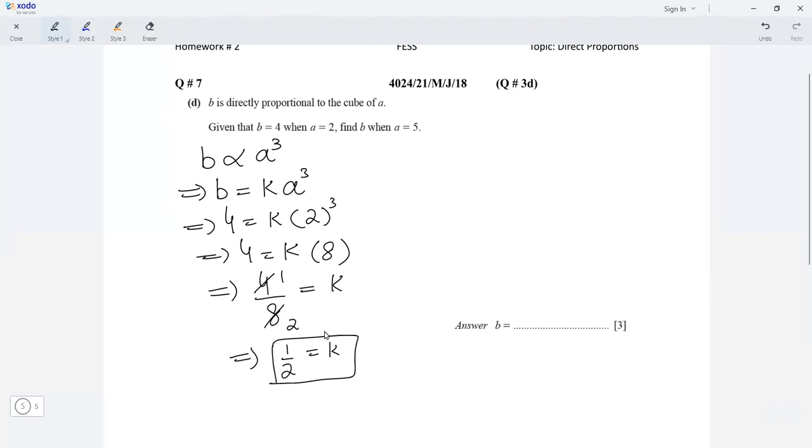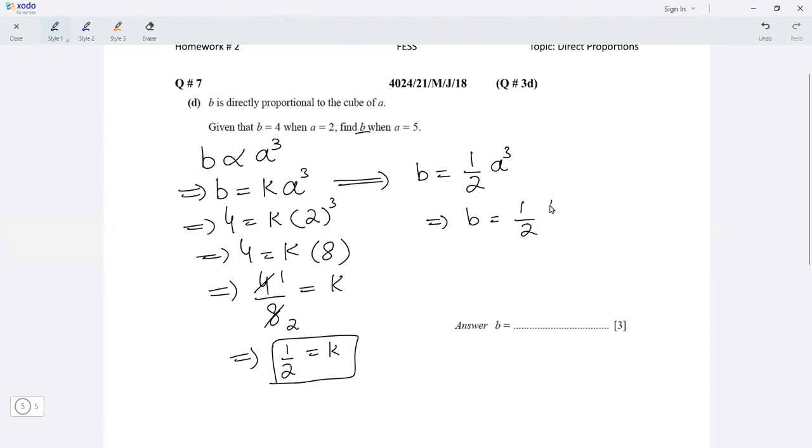So replacing this value into the equation connecting b and a, it will be b equals 1 by 2 times a raised to the power of 3. Sorry, pardon. The value of b we need to find, because it was the first information, and the value of a is given, that's 5.